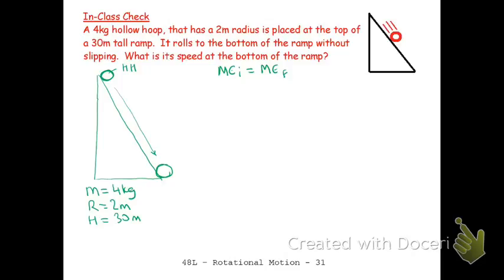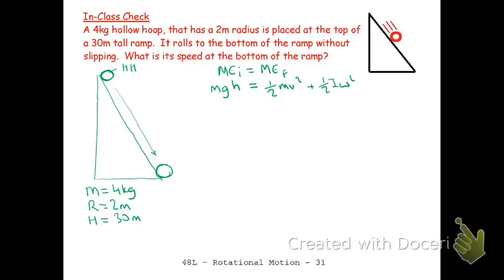At the top, I've only got potential energy because it's not rolling, so there's no kinetic, no rotational kinetic, and there's no springs anywhere. So at the top I have mgh, which is equal to, at the bottom, there's no mgh, there's a 1/2 mv squared plus 1/2 I omega squared.